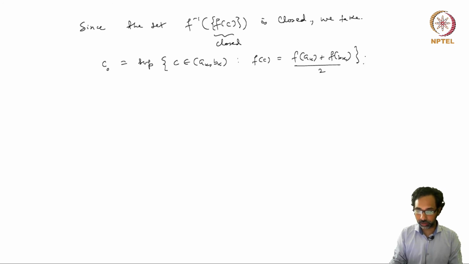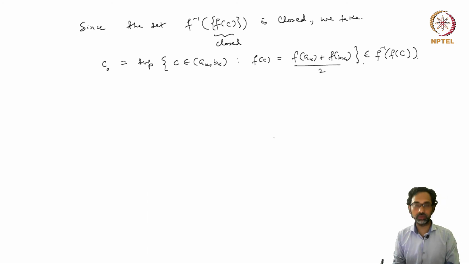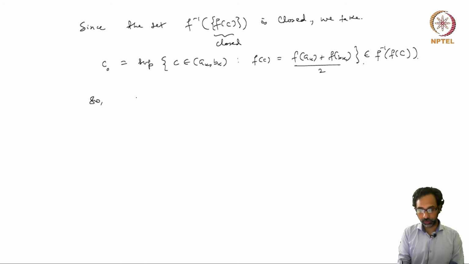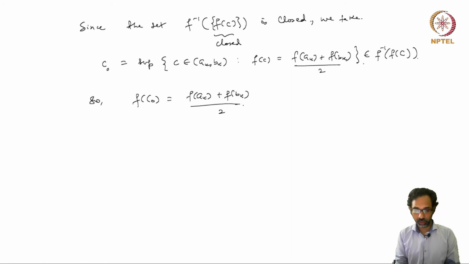And this c naught is going to belong to the set f inverse of f(c), because it's a closed set. So in particular we also have f(c naught) is equal to (f(ak) plus f(bk)) over 2.